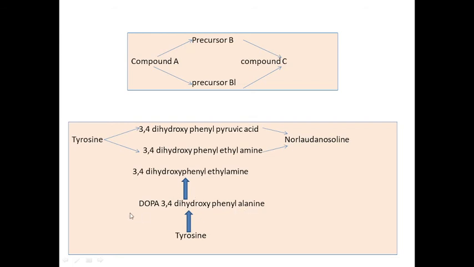That intermediate is in turn converted into 3,4-dihydroxyphenylethylamine, and when that intermediate forms, it is converted into norlaudanosoline.